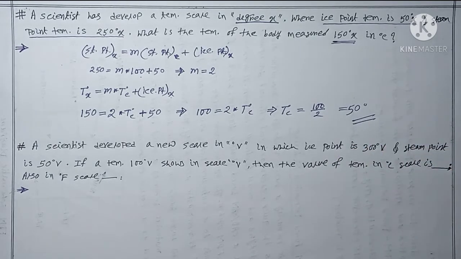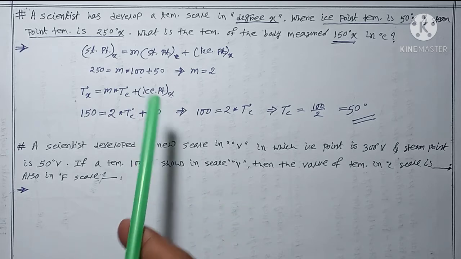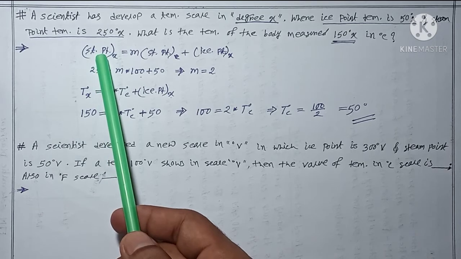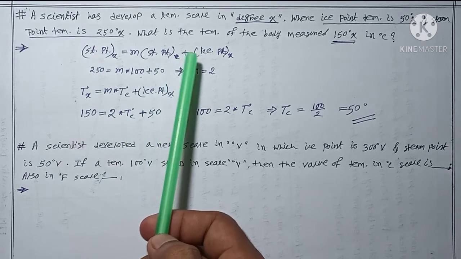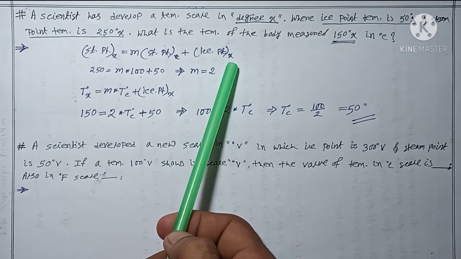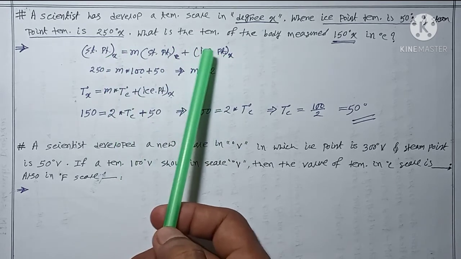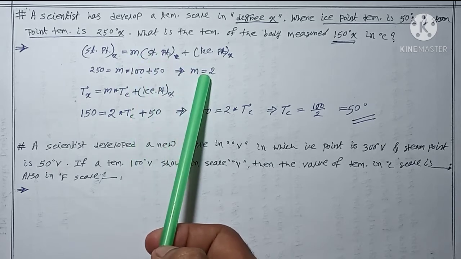It is so easy, but there is also a long procedure which takes a long time, so it is better to follow this procedure. Simply, steam point temperature in X scale is equal to m into steam point temperature in Celsius scale plus ice point temperature in X scale. Each and everything will be provided, so only m you have to find out.